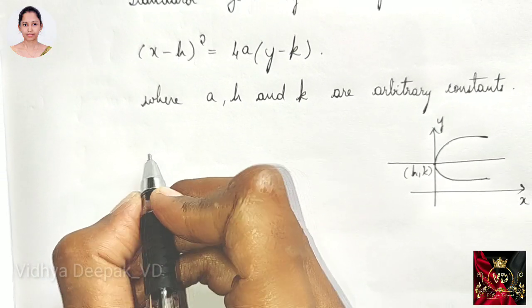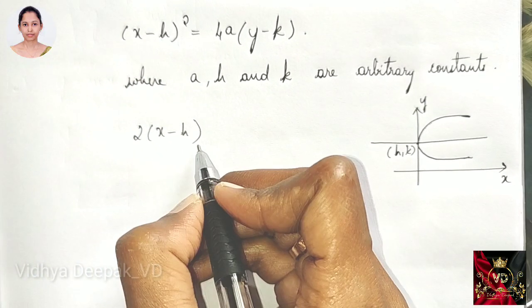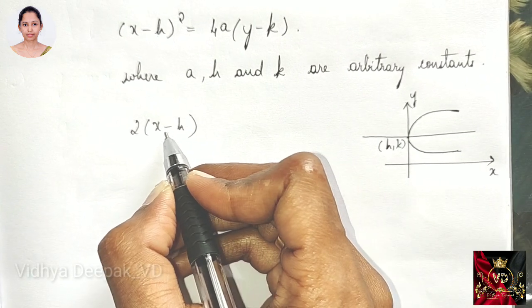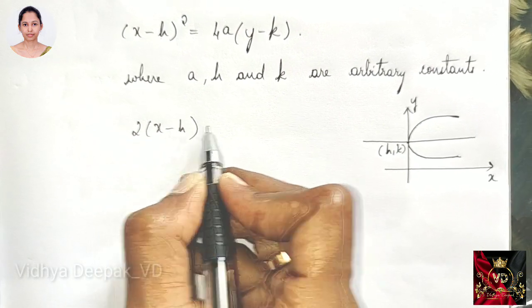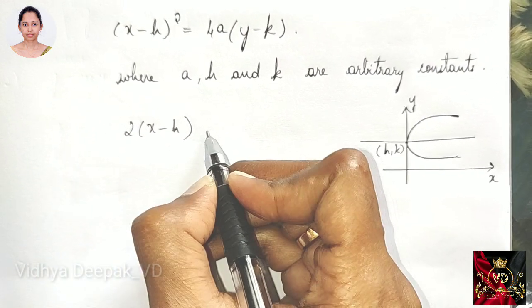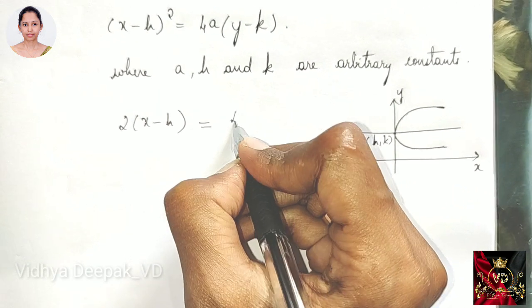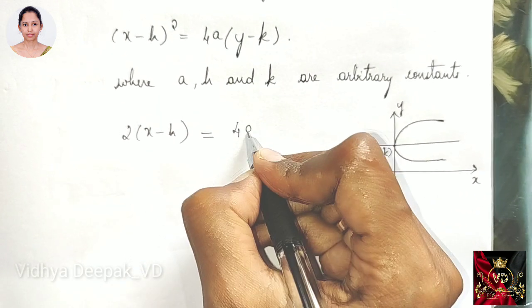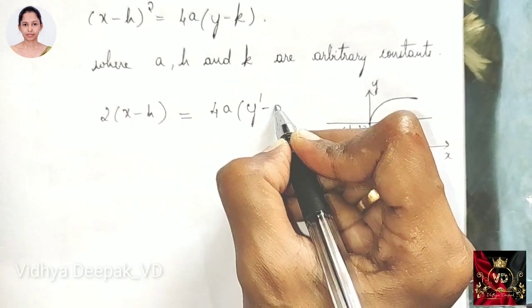So first derivative is 2 into x minus h into differentiation of x minus h, that is nothing but 1 minus 0. So into 1 is nothing but the same number, so we will not write that, into 4a into differentiation of y is y dash minus 0.